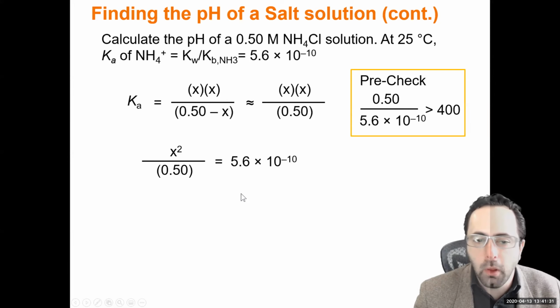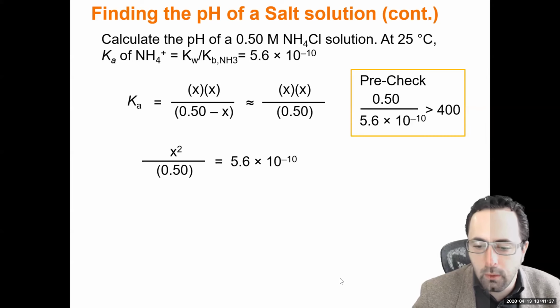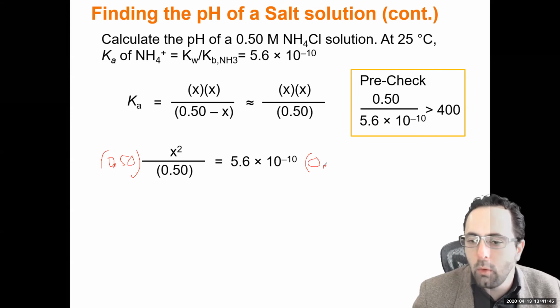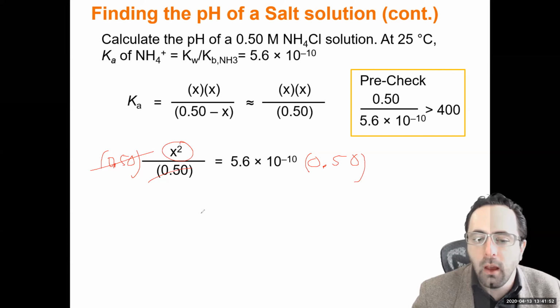Now we're going to multiply both sides by 0.5. So I'll write that in here. So we'll do times 0.5 on both sides. And these will cancel here, and so we'll get x squared on this side.